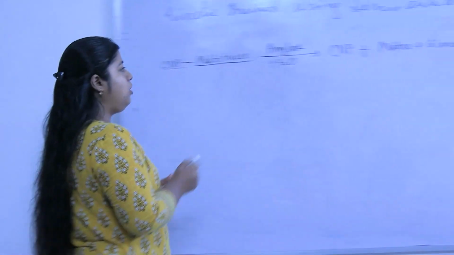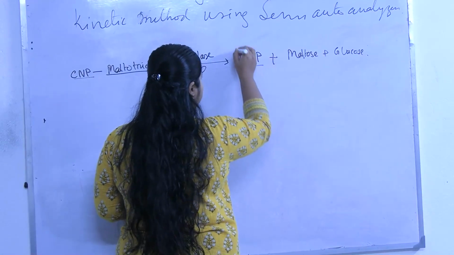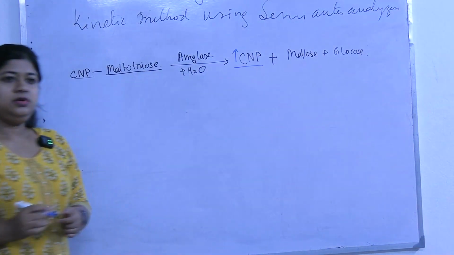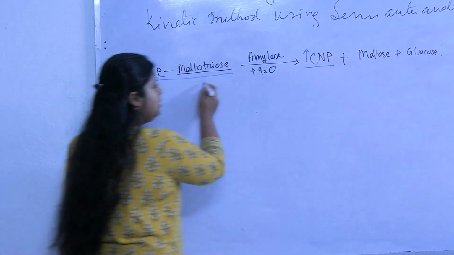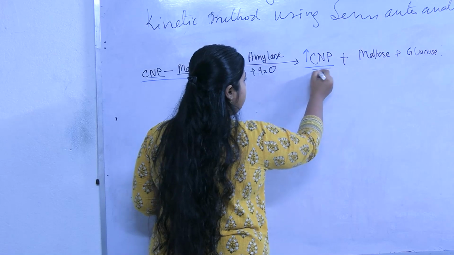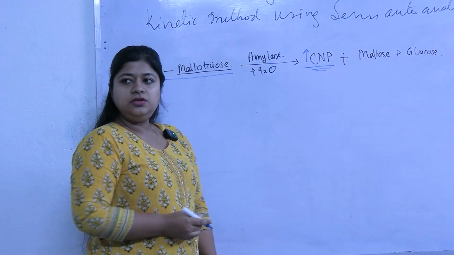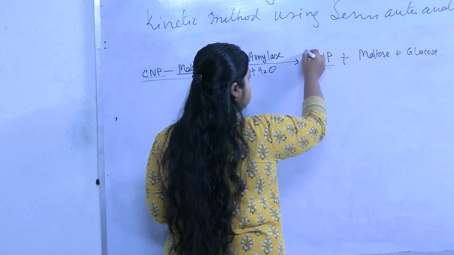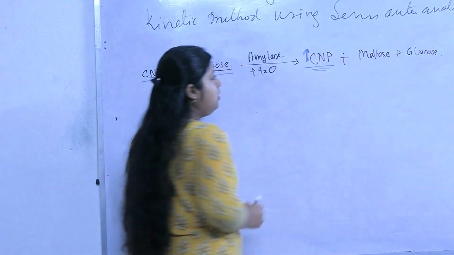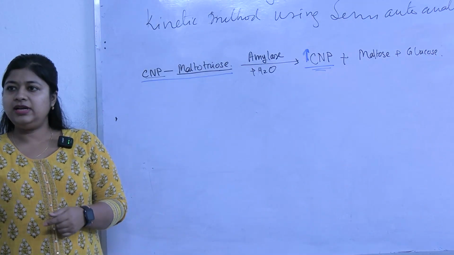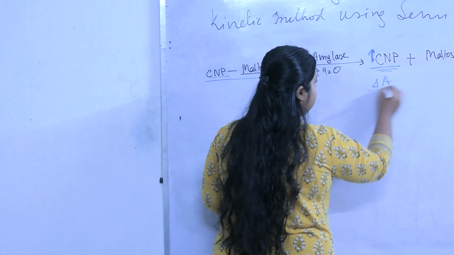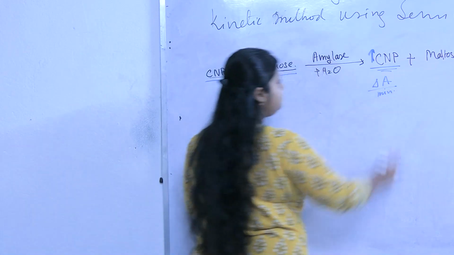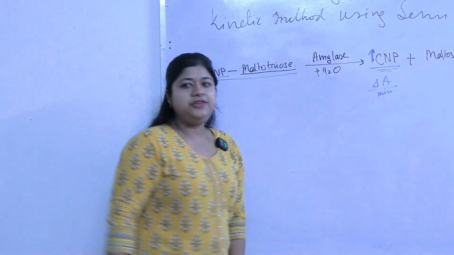That means we will measure the concentration of increasing chloronitrophenol, right? From chloronitrophenol maltotriose, chloronitrophenol is being produced. So the concentration of this is getting higher. Over time, we will measure the delta A per minute of chloronitrophenol.